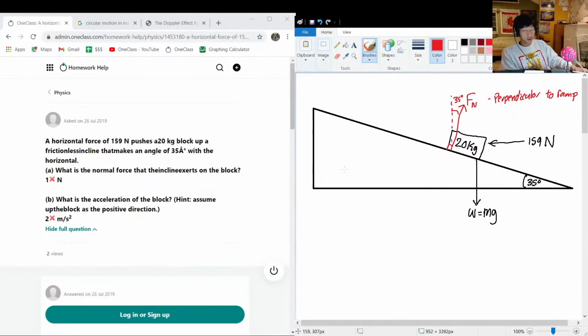Okay, so let's actually draw this free body diagram again, but off the ramp. I'll do this in black. I can kind of imagine this as a particle.